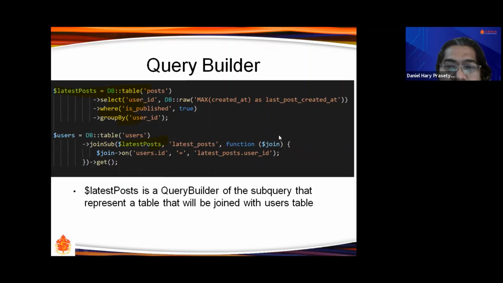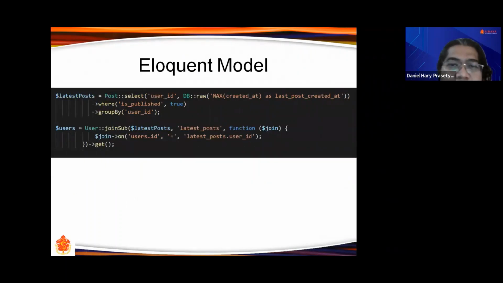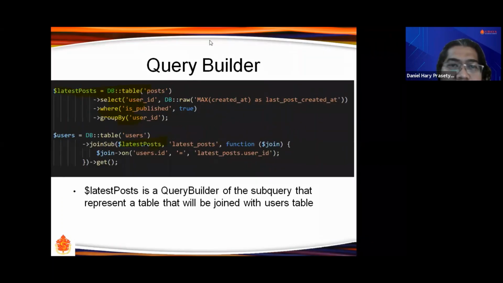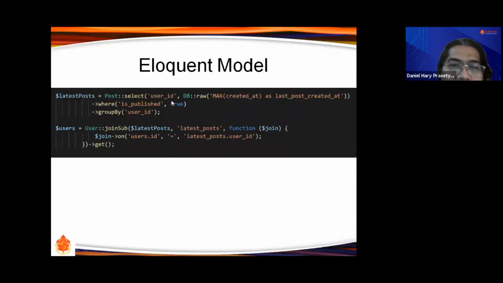And then there is a function in join, this one, latest post user ID with the user ID in this one. This is the query builder, and also in the eloquent model, it's the same. This one is a database table. This one is a model. We replace the database with model. This is also the model.